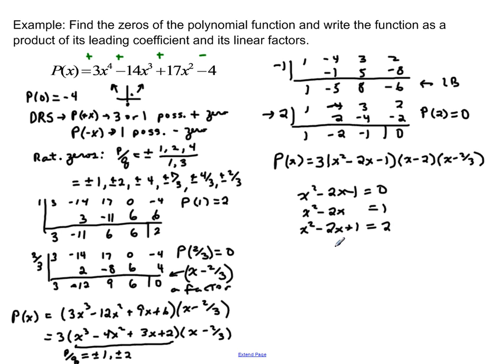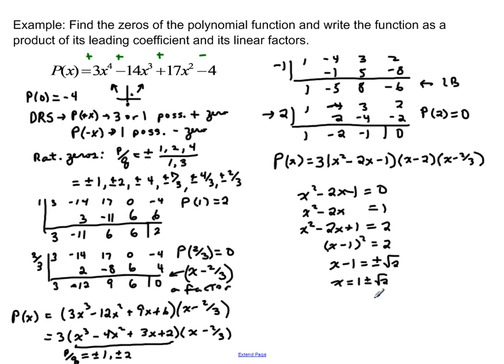And if I factor on the left, I get x minus 1 quantity squared is equal to 2. So if I take my square root, x minus 1 will equal positive or negative the square root of 2, which indicates that x is equal to 1 plus or minus the square root of 2.